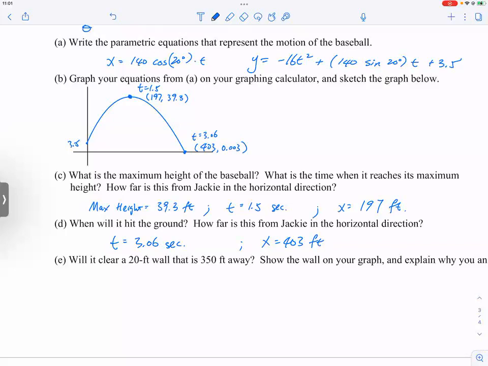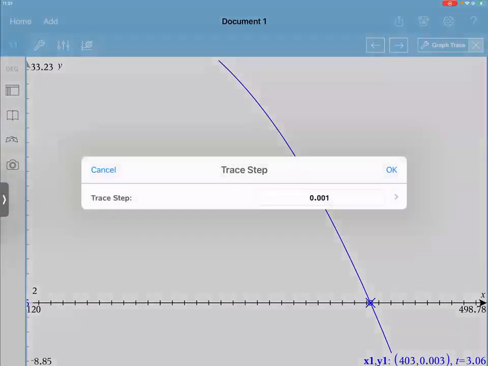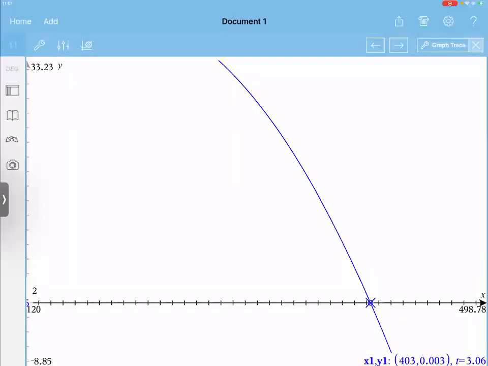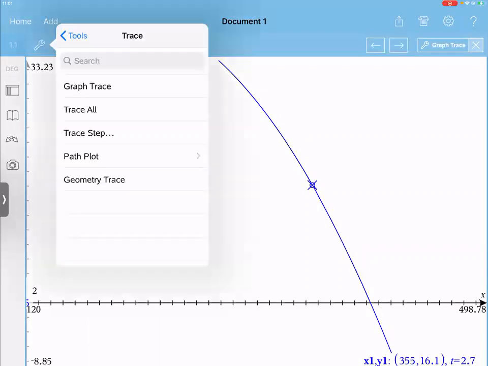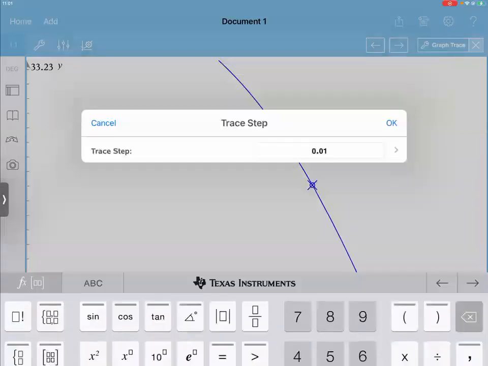So that means we want to find out where it is at x equals 350. So again, I need to readjust my step size so that I can walk faster to x equals 350. So here, I'm going to say 0.01.